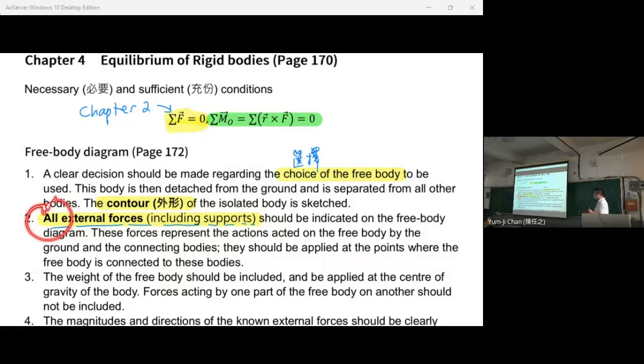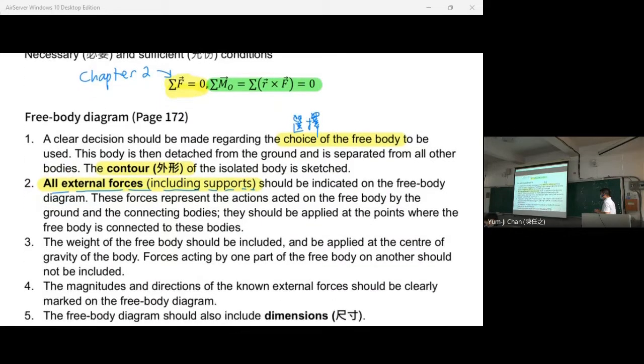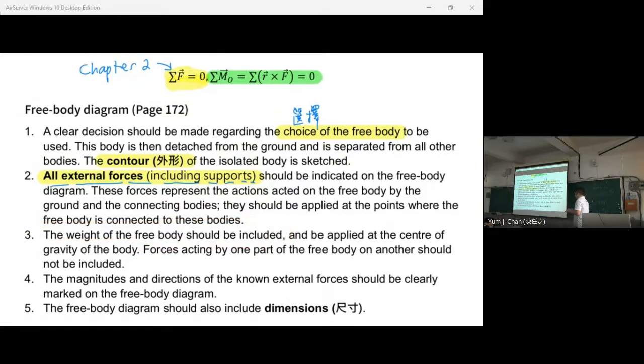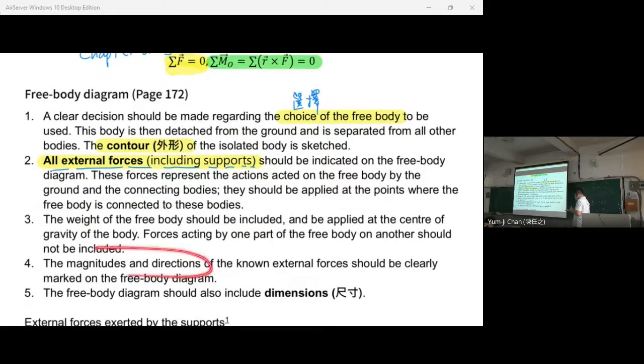Also, if the free body has weight, it should be marked, and the dimensions and magnitudes of the known external forces should be drawn there.